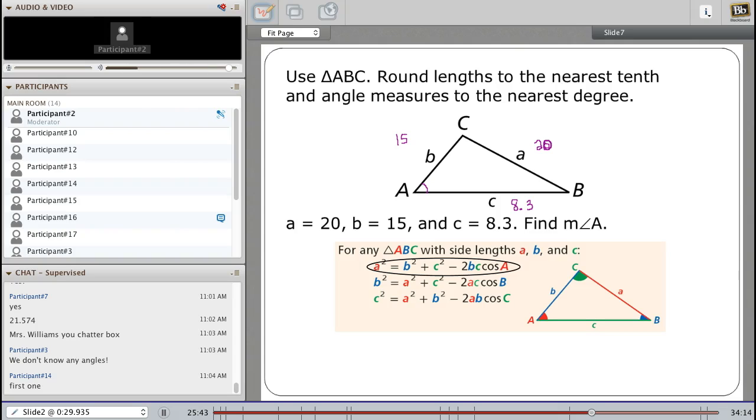Now for the algebra part of this question, and that's going to get trickier. But if you follow the pattern, it will always be the same pattern to solve these, okay? So first thing we want to do is plug everything in.